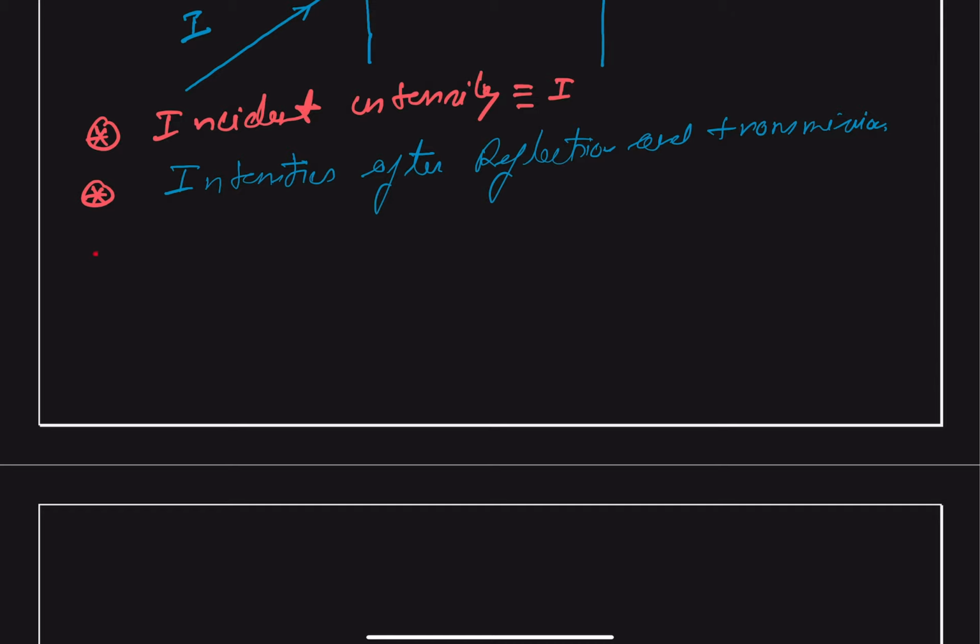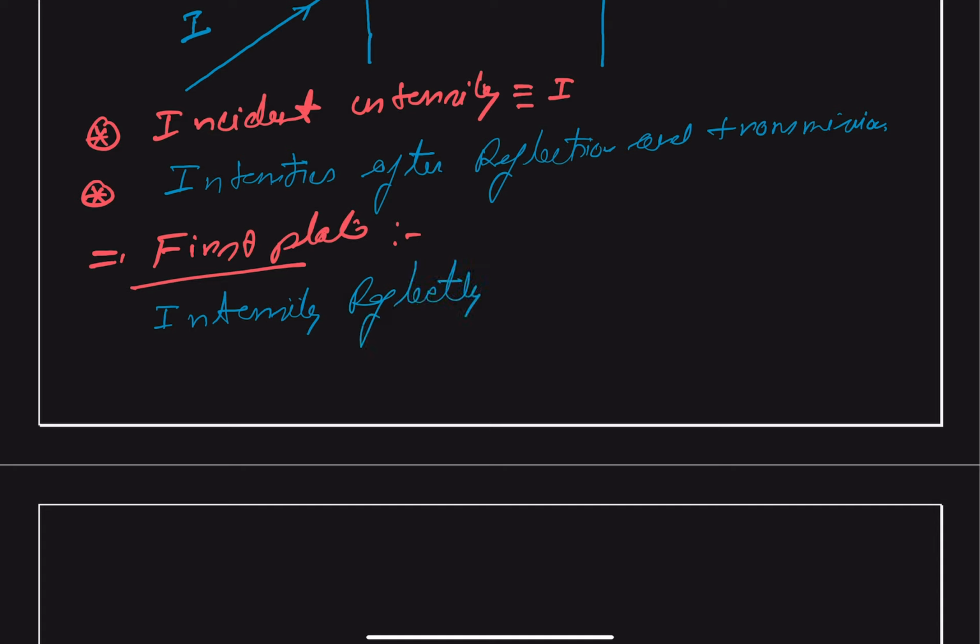So let us do it for the first plate now. The intensity reflected, let us call that I2, will be equal to 25%.